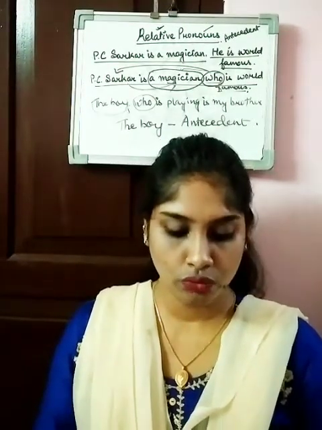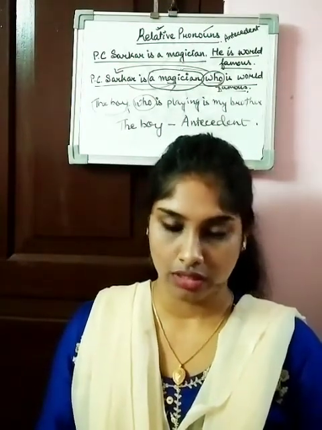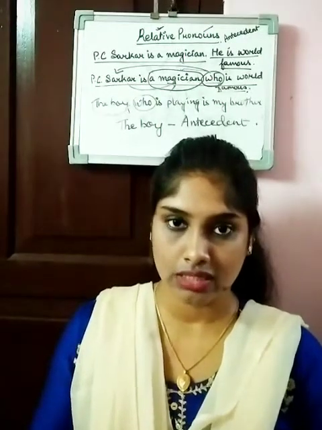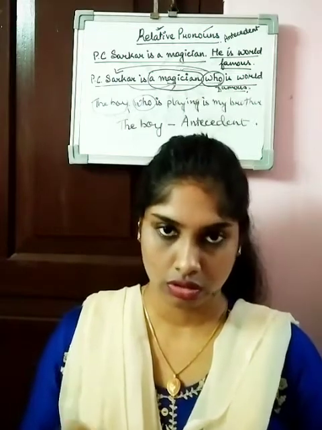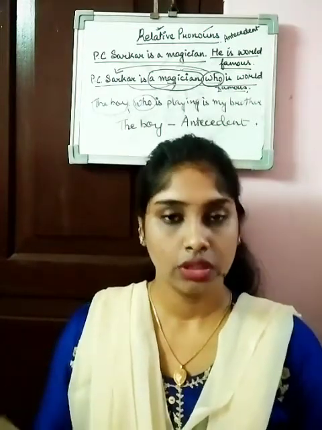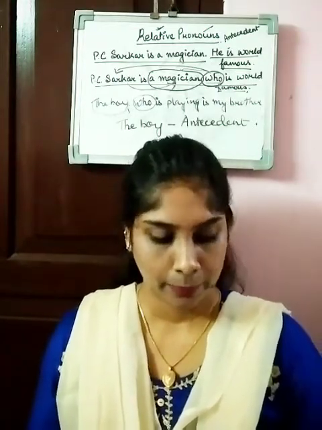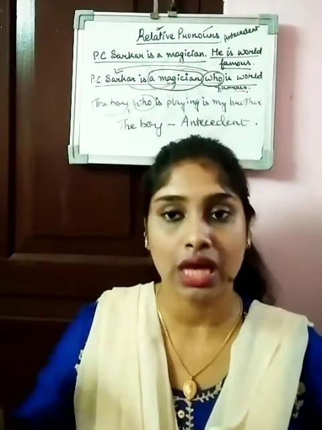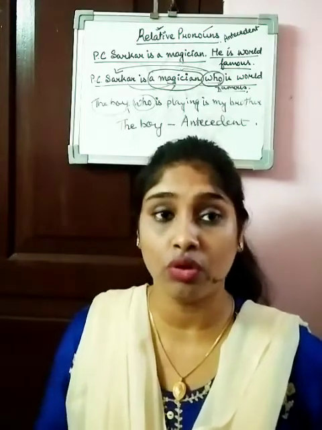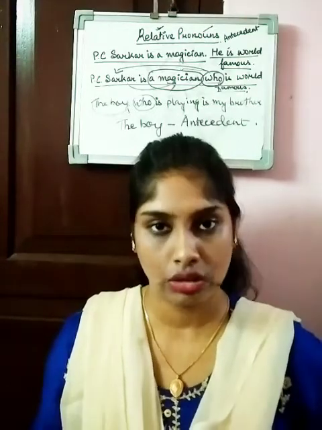Then the book which is in the shelf is mine. Just before which we have the antecedent, the book. Then this is the bag which I bought. Before which we have the antecedent, the bag. So whichever nouns are there just before the relative pronoun, they are called the antecedent.